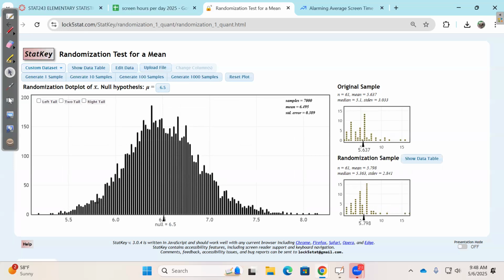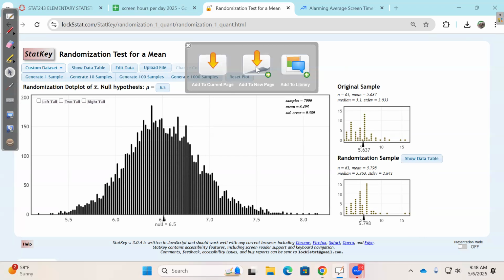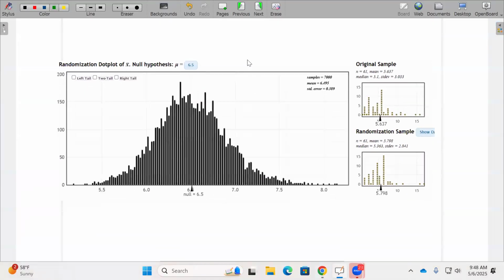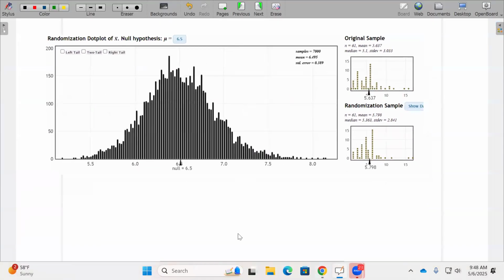All right, so before I continue with the next steps, I just want to explain what we got here. And I need a screenshot of that. To page, please. There we go. Okay, so we are performing a randomization hypothesis test.